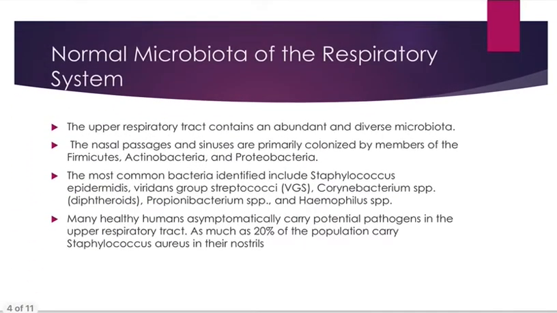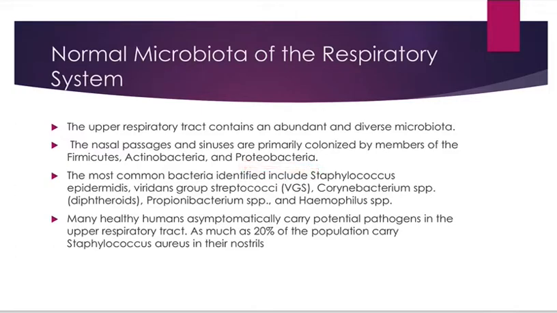Normal microbiota of the respiratory system: the upper respiratory system contains an abundant and diverse microbiota, and the nasal passage and sinuses are primarily colonized by members of Firmicutes, Actinobacteria, and Proteobacteria.